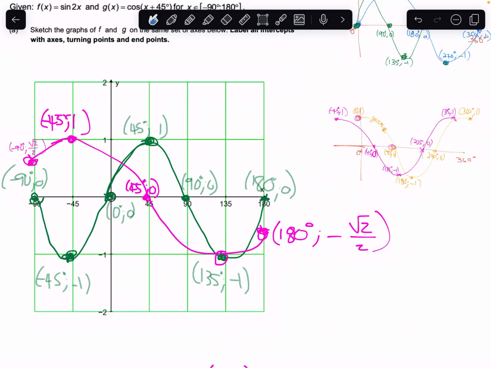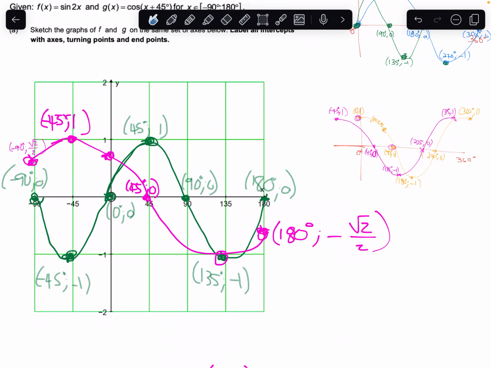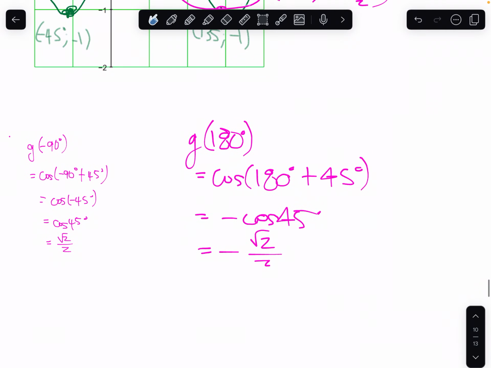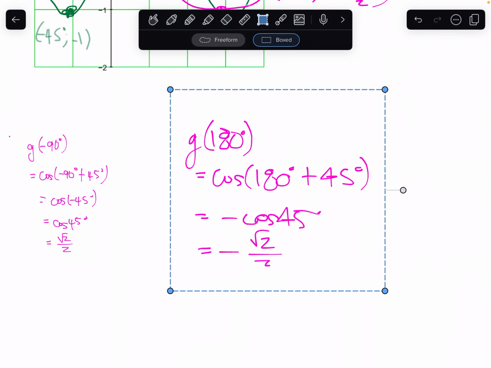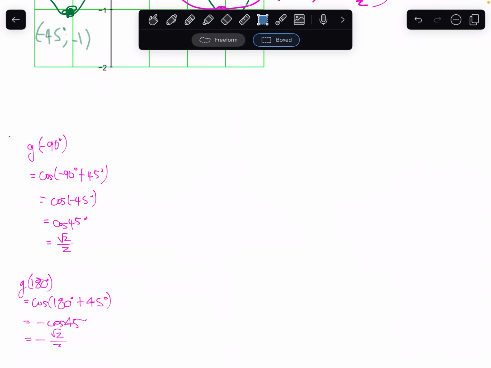Okay. Oh, oops, forgot to label the y-intercept. My bad. Okay, so y-intercept, let's shrink this one. Okay, so y-intercept of g, we're looking for where this guy, no, those are x-intercepts. Okay.